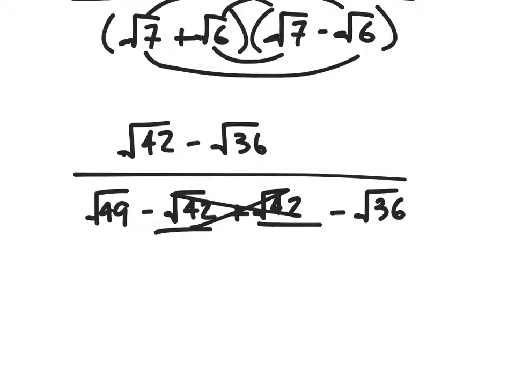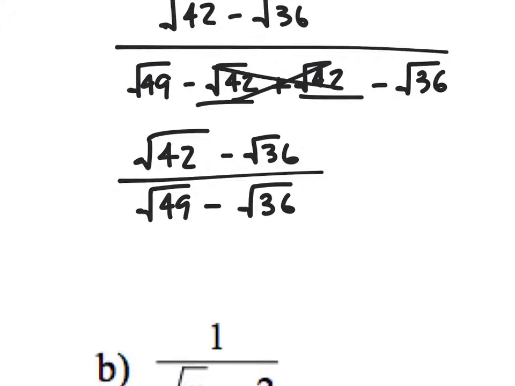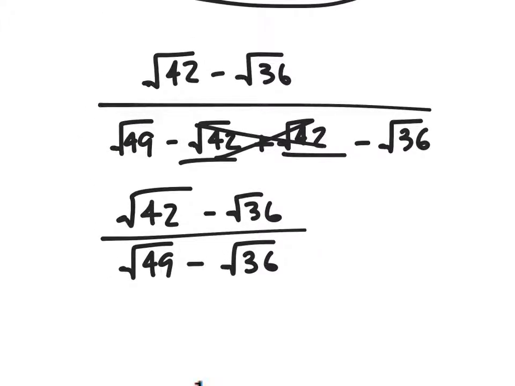So let's write that next step. I've got square root of 42 minus the square root of 36 over the square root of 49 minus the square root of 36. Now some of these I can evaluate. My next step, I would get the square root of 42 minus 6, since the square root of 36 is 6.